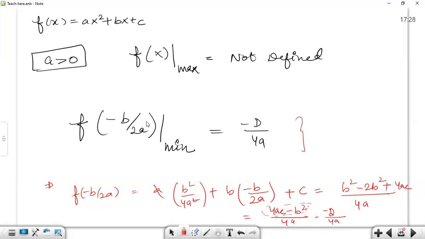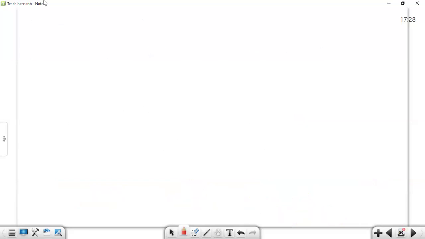So there will be a particular minimum value for the function ax square plus bx plus c, for its curve, when a is positive. Now let's discuss otherwise, that the given function is ax square plus bx plus c, and a is less than 0.